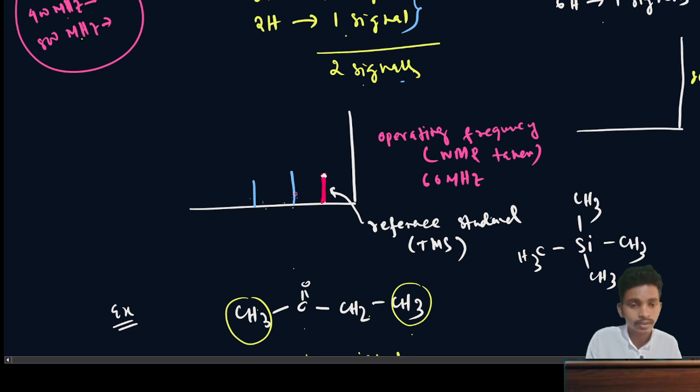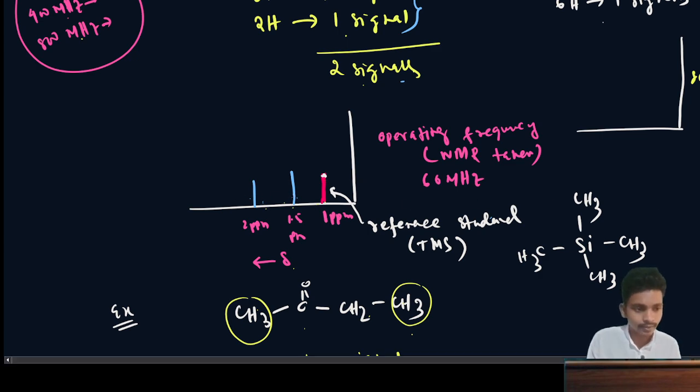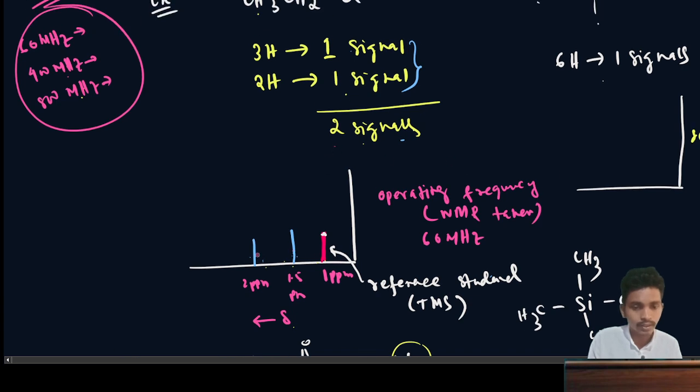This is represented by the chemical shift. Let's say this is 1 ppm, this is 1.5 ppm, this is 2 ppm, like that. So this is the chemical shift, and this is the position of the signals. So two signals are there.